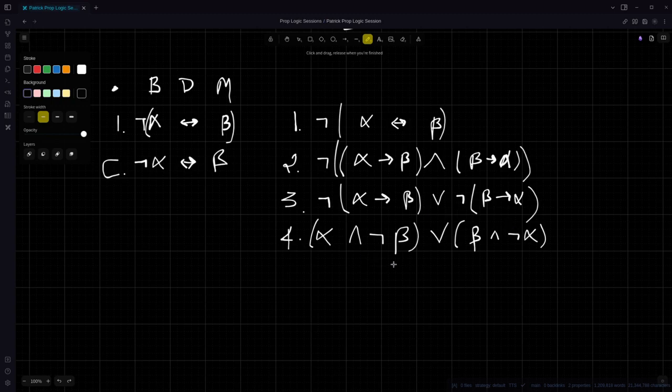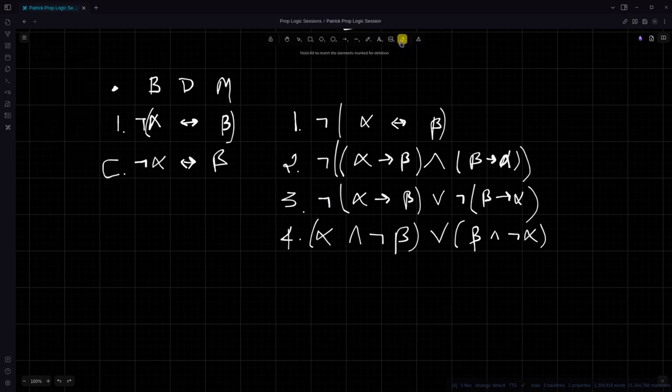And then what's happened to the negation sign outside the brackets, on premise 3? So you've got the negation there on the left outside the bracket. What have you done with that sign there? Oh, okay.